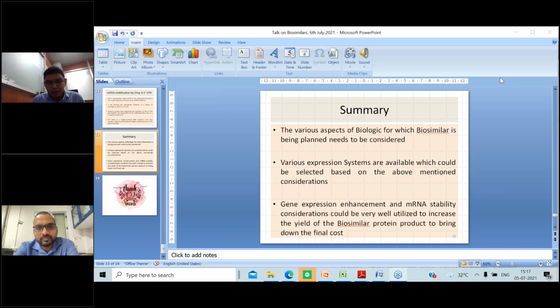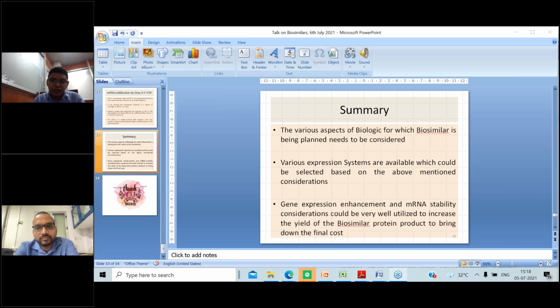There are a lot of options, but recently, 3-4 years back, there was a call for proposals from the biopharmaceuticals program of the government of India, asking researchers to come up with novel expression systems and novel expression vector design. Why are they asking this?